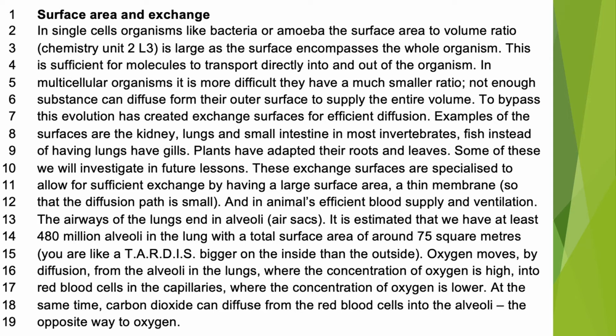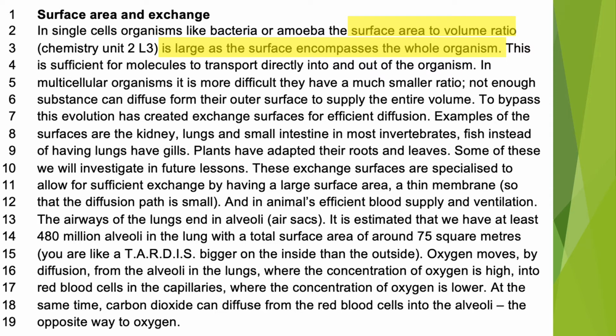In single cell organisms like bacteria or amoeba, the surface area to volume ratio is large as the surface encompasses the whole organism. Remember how I told you that this diffusion happens in your cells, right, in your body. Now, you are a multicellular organism, which means you have billions of different cells in you, whereas these single cell organisms like bacteria, that's all they are.